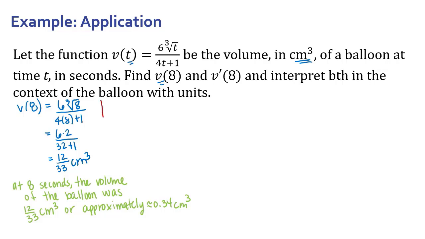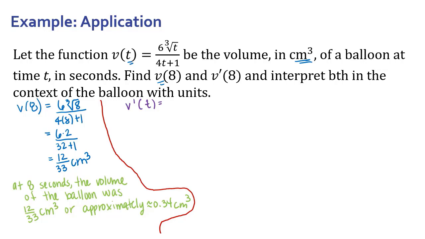Okay, so if I wanted to figure out the first derivative at 8, let's first find that first derivative formula. So v prime of t is going to be, I'm going to have to use that quotient rule here.